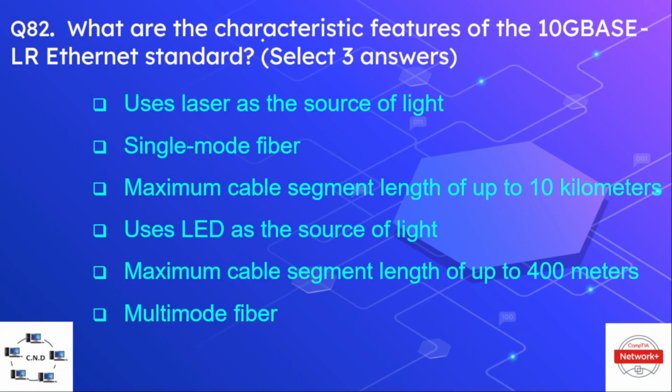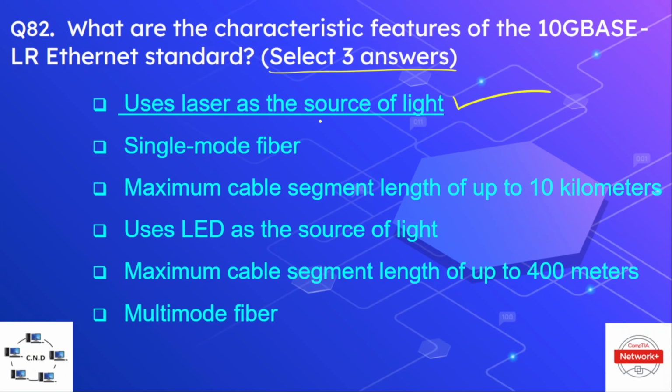Question number 82 is: what are the characteristic features of the 10GBASE-LR Ethernet standard? And again select three answers, and the correct answers are that the 10GBASE-LR uses laser as the source of light.